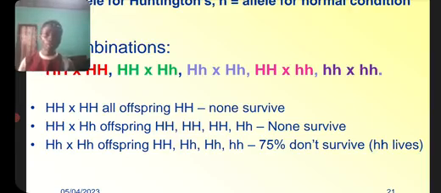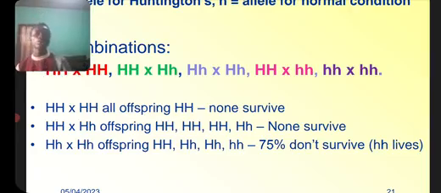Then if you cross one individual who is homozygous dominant and another who is heterozygous, still none of the offspring will survive, but some will be homozygous. They will all have the disease.